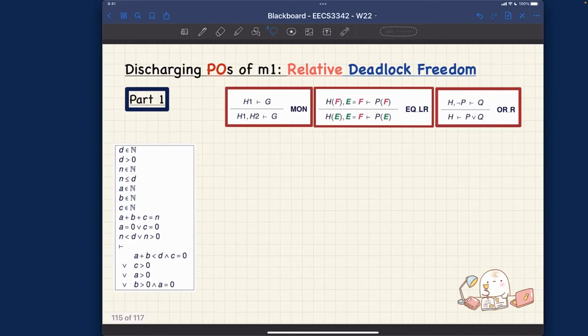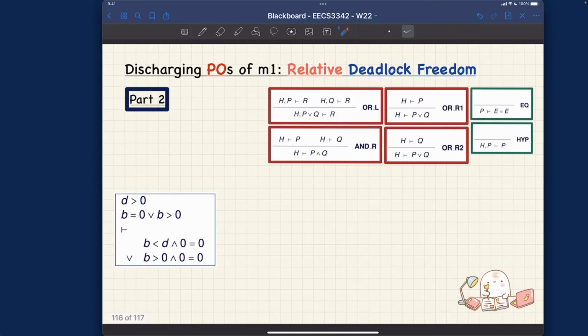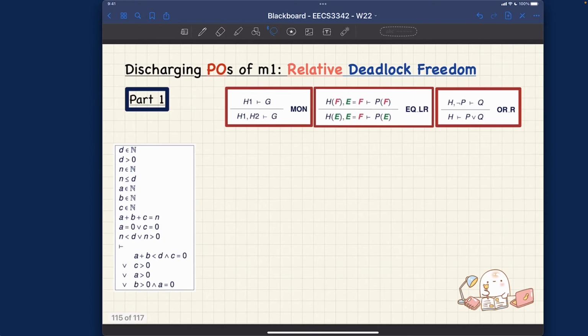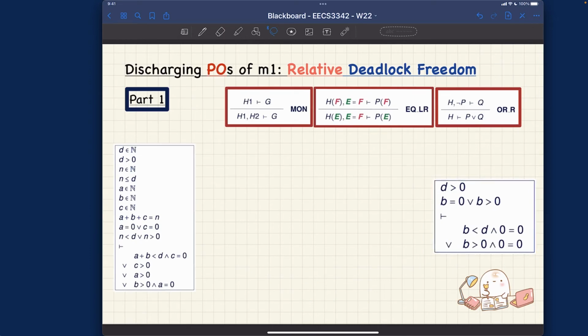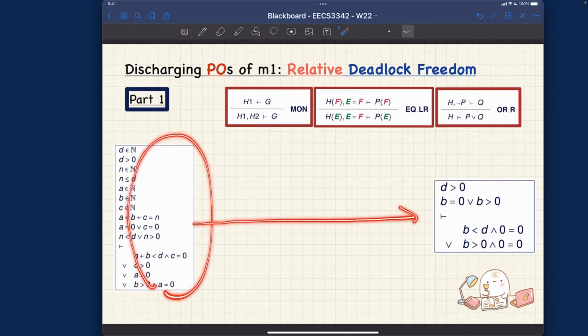Right? You can think about this is the very original deadlock freedom proof obligation you want to discharge. Phase number 1. I'm going to give this particular ending sequence to you that's more like an intermediate point. You want to think about how can you actually go from this one over here gradually to this one over here.